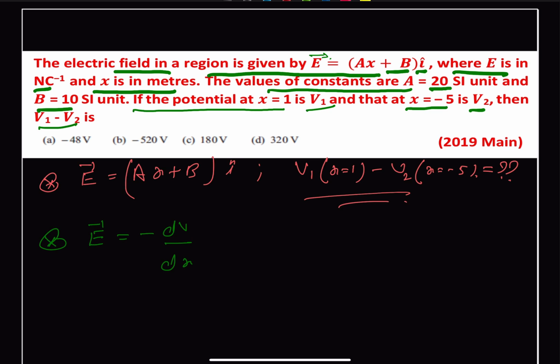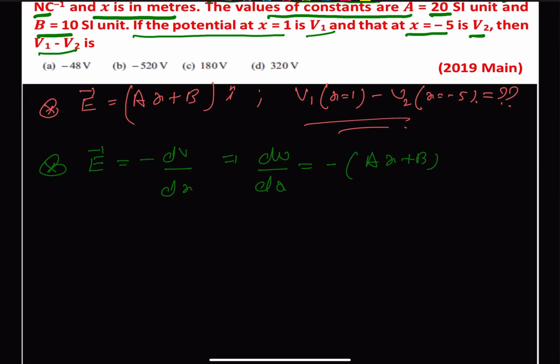So we can say dV upon dx will be equal to minus of (Ax + B) times the i unit vector. We can consider that later on if required. Okay, so from here we need to find out V1 minus V2.